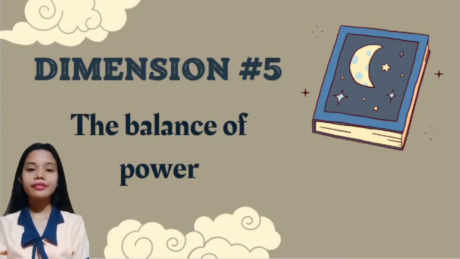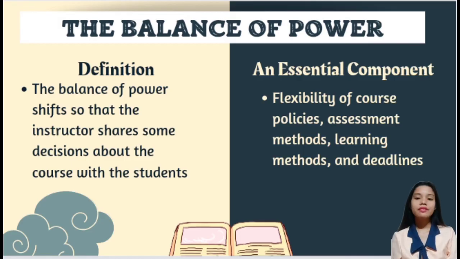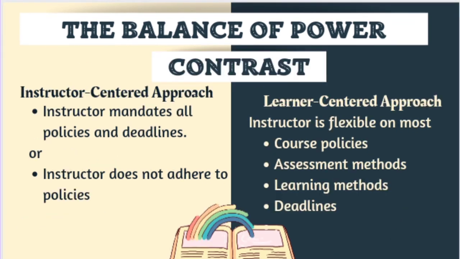Topic number 5, the balance of power. The definition of this dimension is that the balance of power shifts so that the instructor shares some decisions about the course with the students. The essential component of this dimension is flexibility of course policies, assessment, learning methods, and deadlines.